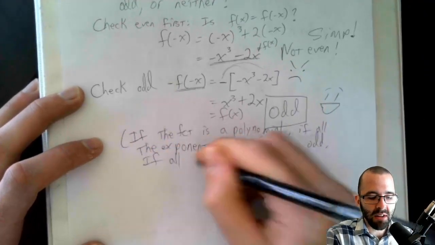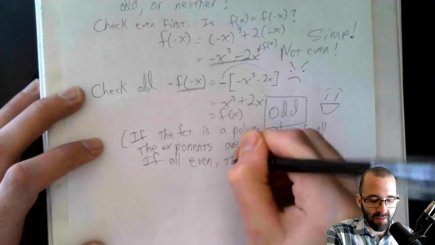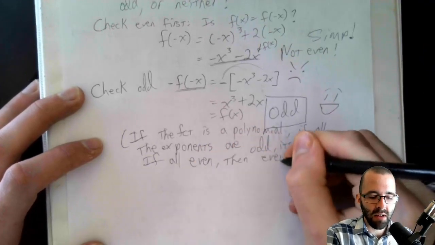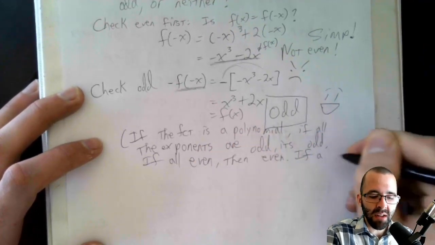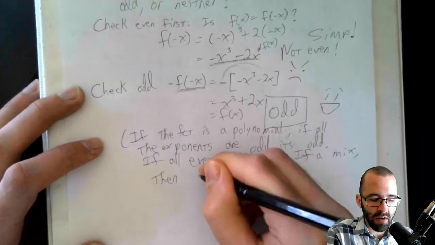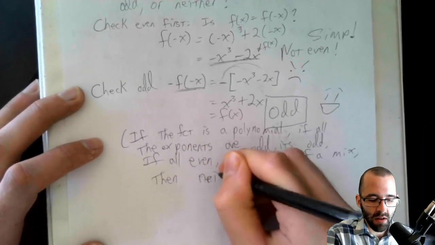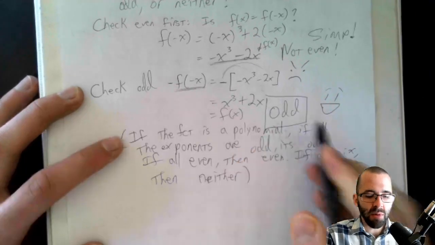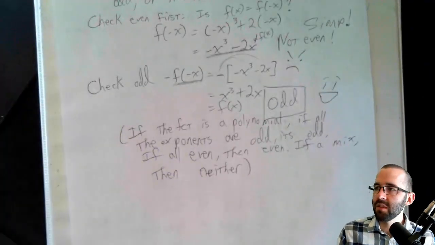If all even, then even. And if it's a mix, then neither. So if it's a polynomial, you can just look at the exponents.